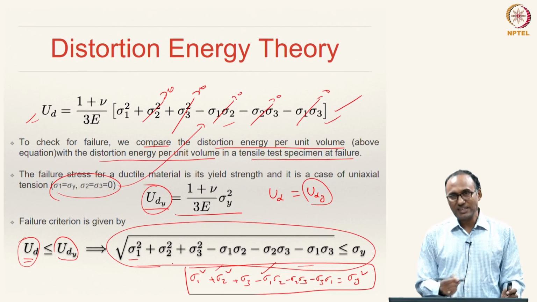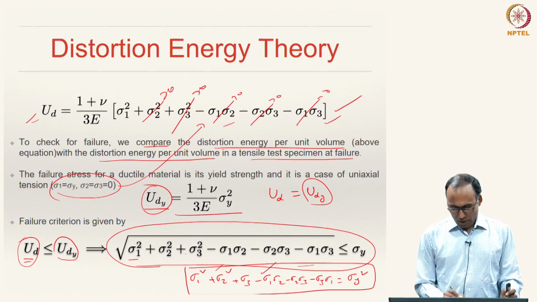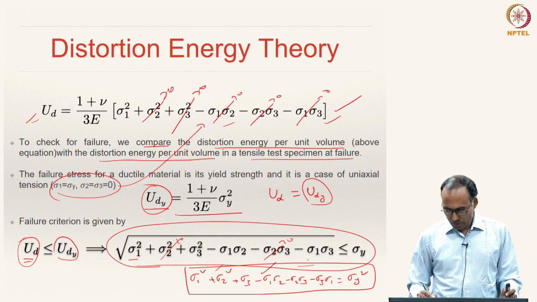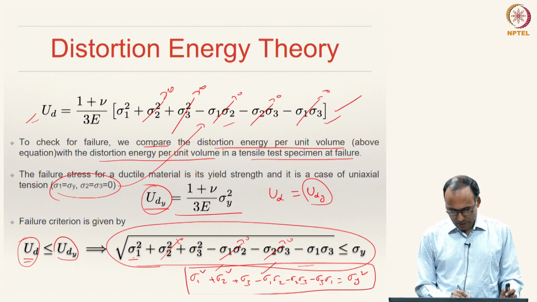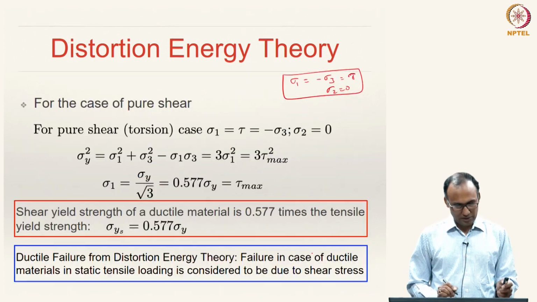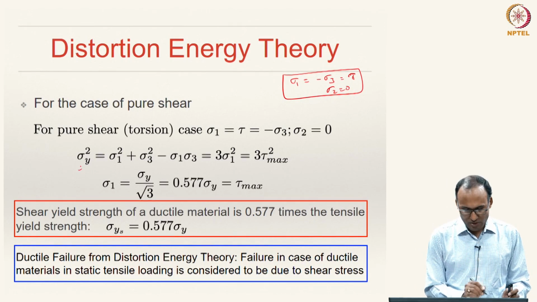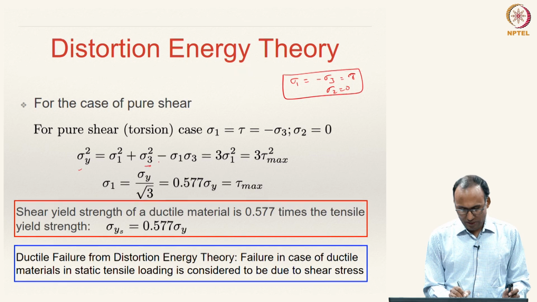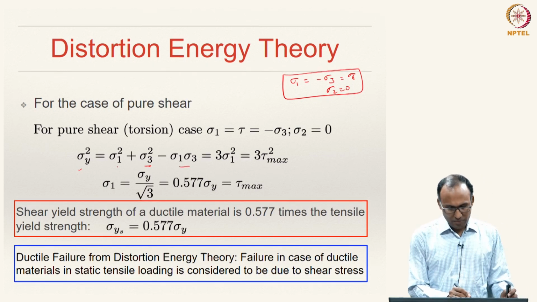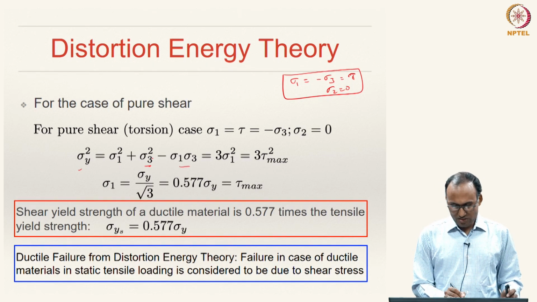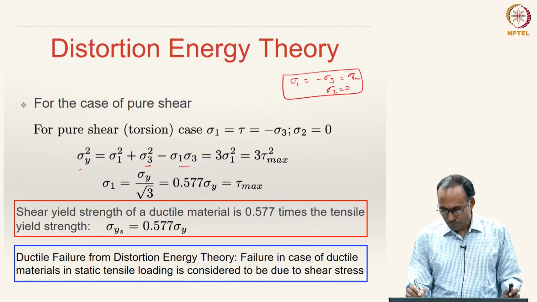Sigma 1 equal to minus sigma 3 and sigma 2 equal to 0, so only three terms remain. Squaring both sides, sigma y squared is equal to sigma 1 squared plus sigma 3 squared minus sigma 1 sigma 3, and sigma 1 is tau max in fact, right.